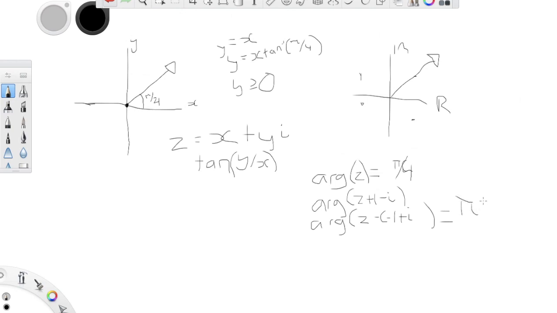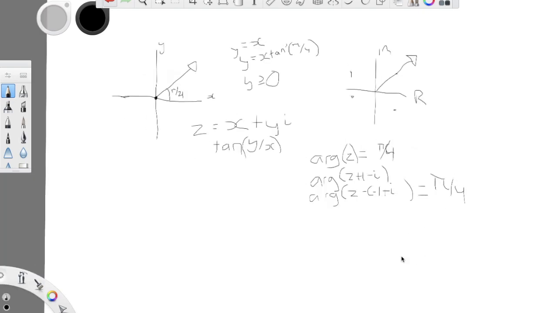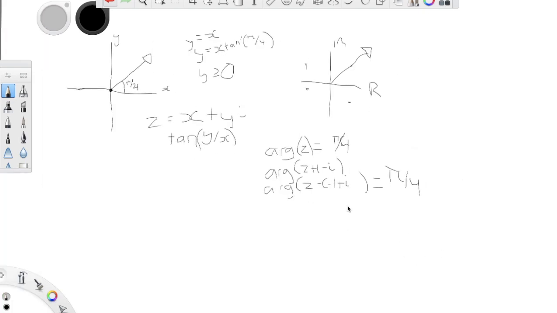Then what that would look like is this: your starting point where it tends to will be at -1 plus i, so I'll be here, and then moving up at an angle of pi on 4. And that's how you would write that.